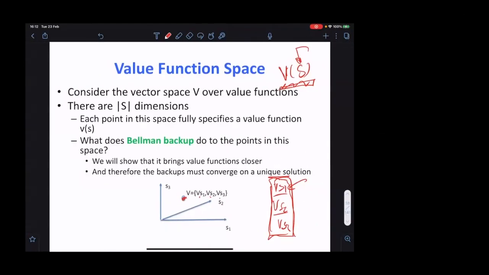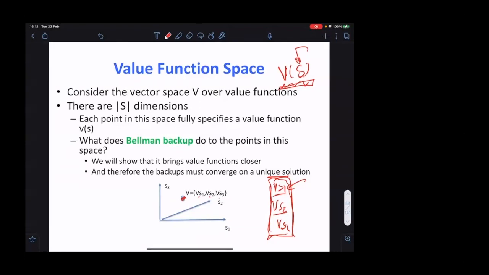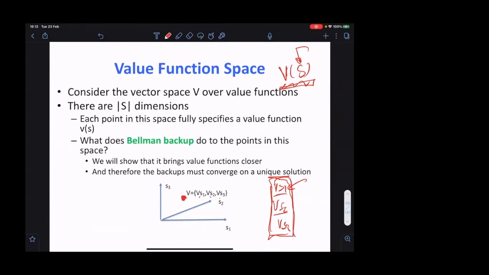This backup is doing a certain operation on this point, and the effect of it is basically to move this point in this space.